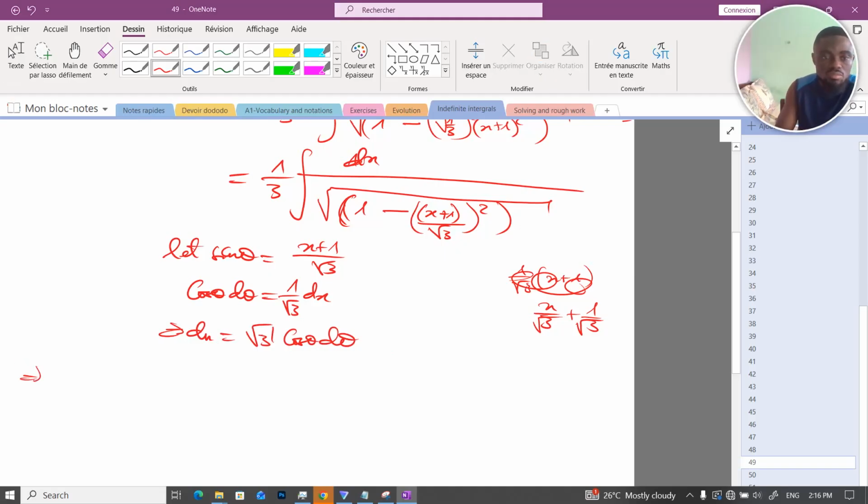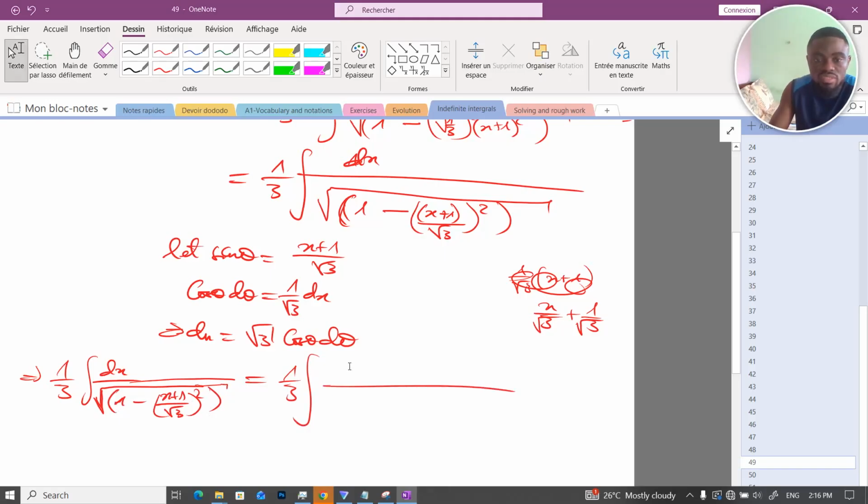Let's substitute things. This implies 1 on 3 integral of dx all over the square root of 1 minus (x plus 1 on root 3) all that squared, will be equals to 1/3 integral of, my dx is root 3 times cos theta d theta, all over the square root of 1 minus, we let this part equal sine theta, so there's a square here, sine square theta.